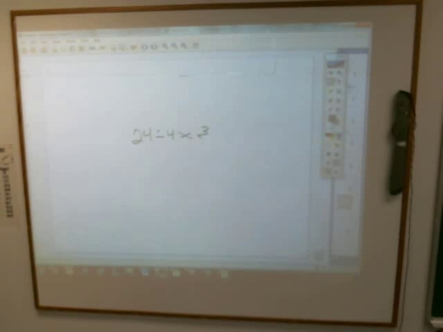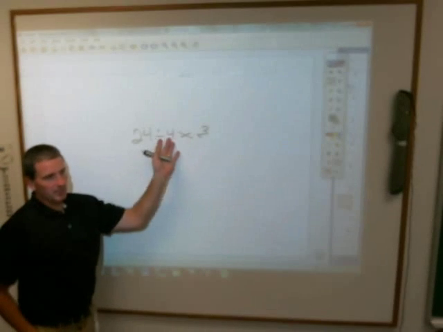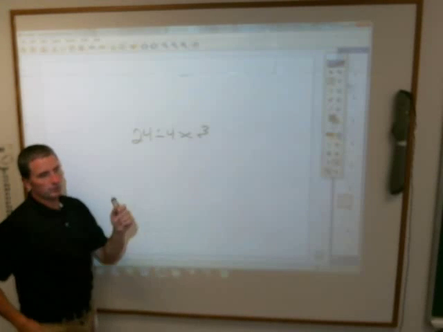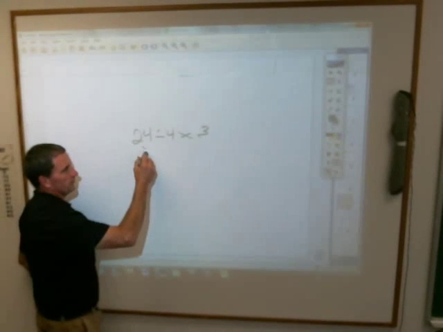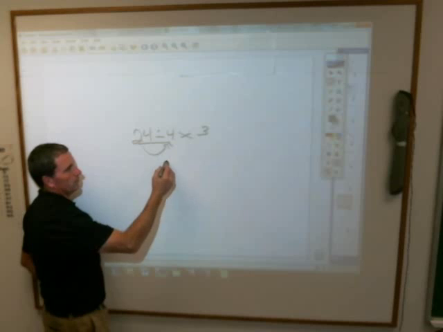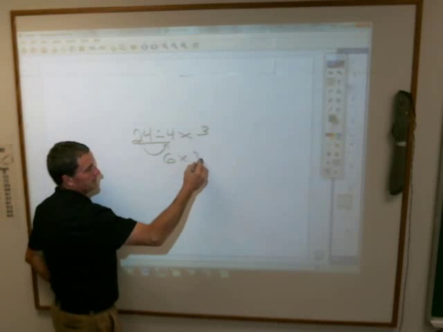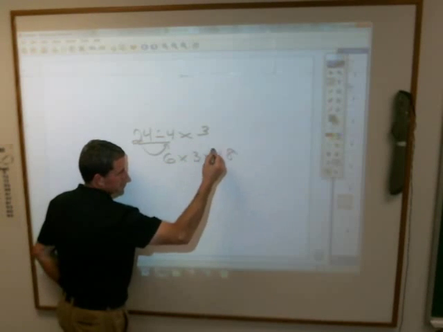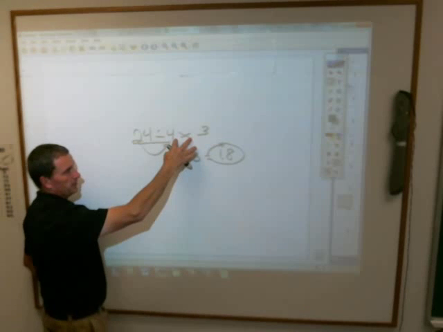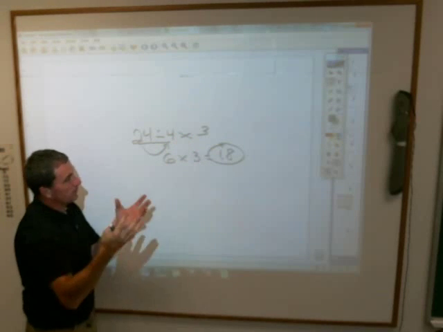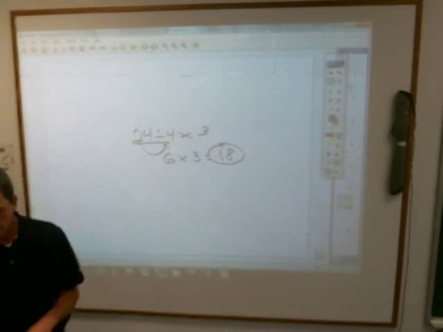A lot of times people would look at that and go, well, that's 24 divided by 12, which is 2, but that's not the answer because order of operations says these fall on the same level. You have to go from left to right. So you do 24 divided by 4 first, which is 6, and then 6 times 3 is 18. You can't do this part first. Multiplication and division fall on the same level. You have to work from left to right.